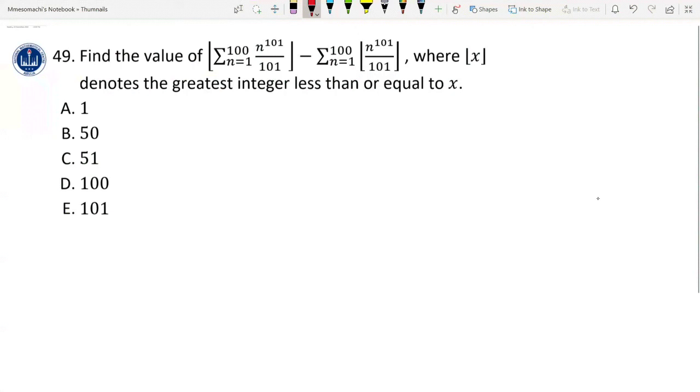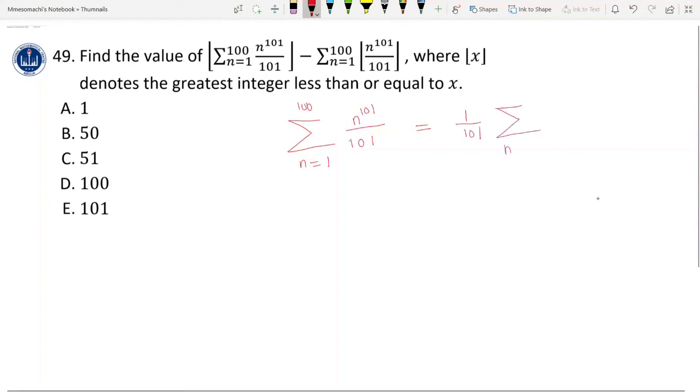So first things first, we can simplify these summations. Let's start with the first one. The sum from n equals 1 to 100 of n to the power 101 all over 101 is equal to, you can bring the 101 out of the bracket, 1 over 101 times the sum from n equals 1 to 100 of n to the power 101.